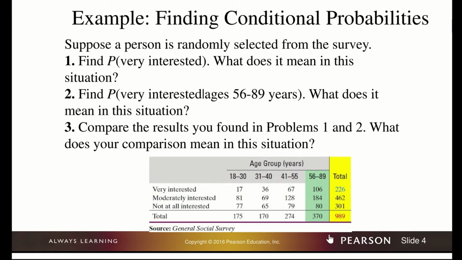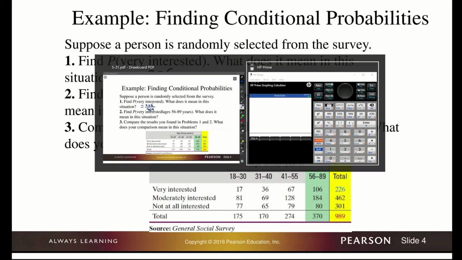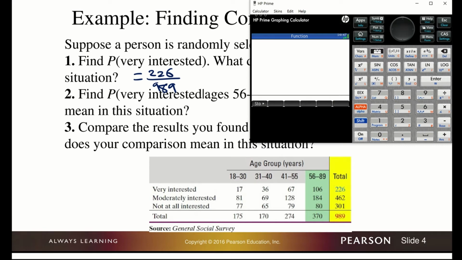So the probability of very interested is simply 226 over 989. We'll go ahead and calculate that on a calculator. So we have 226 divided by 989.